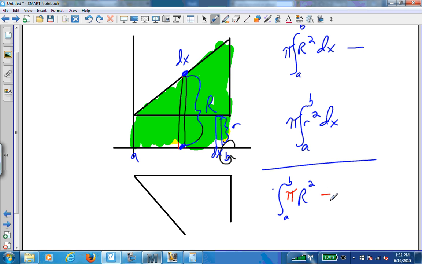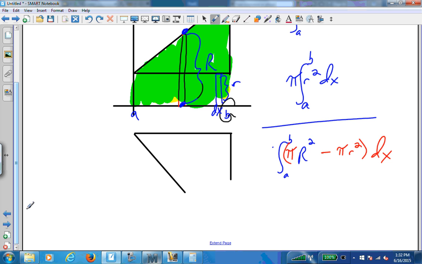This integral that we're taking away is pi from A to B of little r squared. Pi is a common factor, so bring out the constant pi. We're going to take big R, which will be a function of x squared, minus little r, which will be a function of x squared, dx.